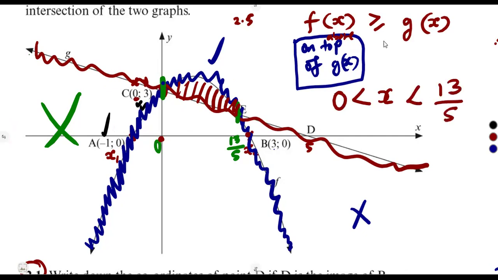But take note, they are saying it is greater than or equal to. The equal to is there, so you must also use it on your solution. There must be an equal to in your solution. So these are the x values in between 0 and 13/5 where f of x will be bigger than g of x.